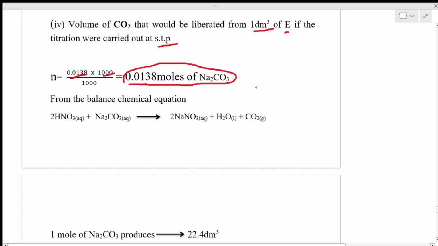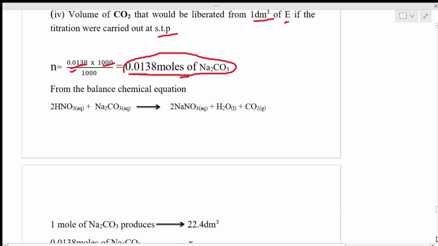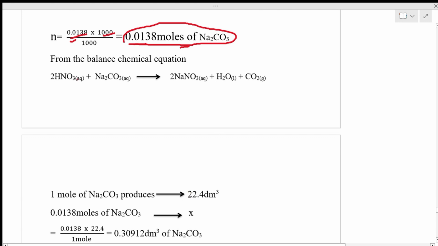So we have successfully converted this one in mole per DMQ to mole. Now, from our balanced chemical equation, which is 2:1, 1 mole of Na2CO3 can produce 22.4 DMQ of CO2, which is our carbon dioxide liberated. That's what we are looking for.